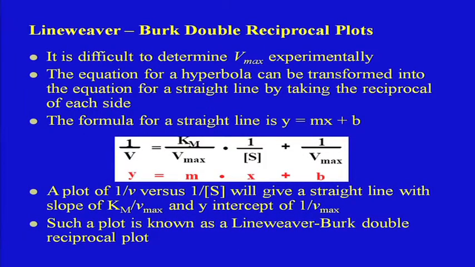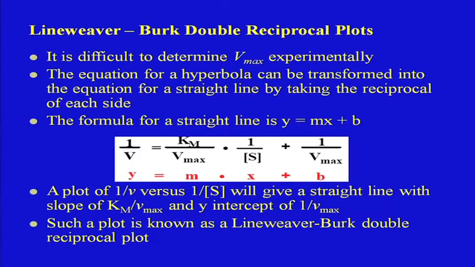So, this equation, as I told you, is a hyperbolic equation. Okay. I told you that it is non-linear, different from a parabola of course, and it is a hyperbolic equation. So, therefore, it is difficult to determine Vmax experimentally.